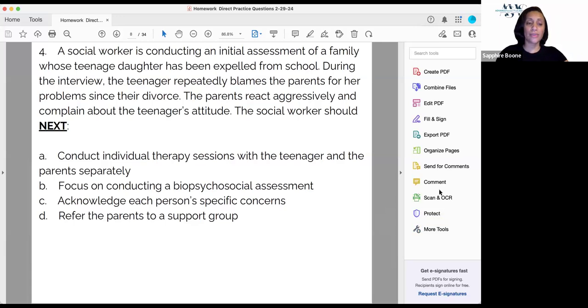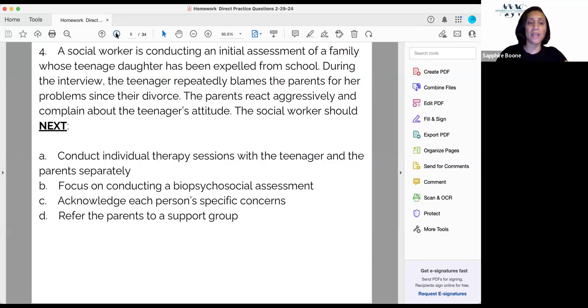So now we're down to focus on conducting a biopsychosocial or acknowledge each person's specific concerns. And because we have to remember who our client is. Our client is the family.